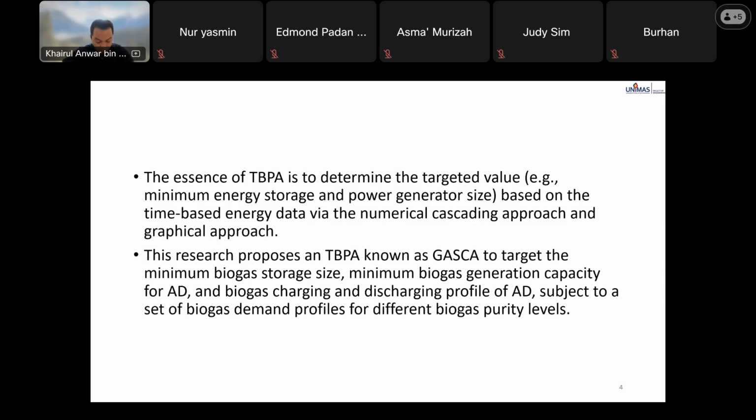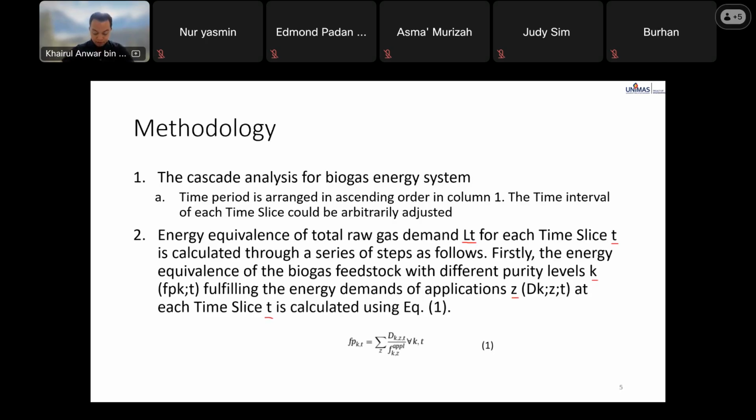So now, not yet methodology, but section 2, biogas energy system configuration.